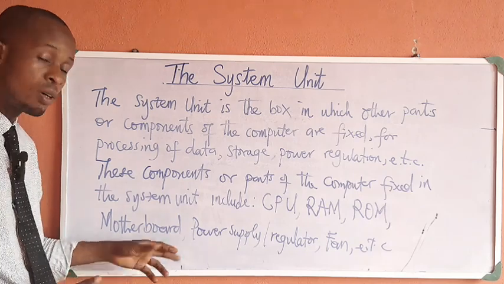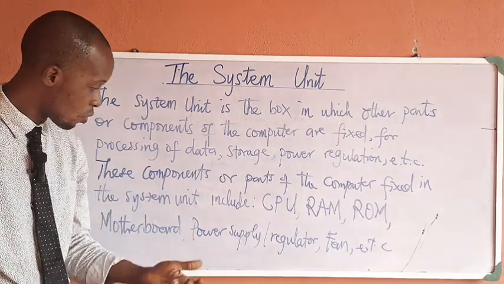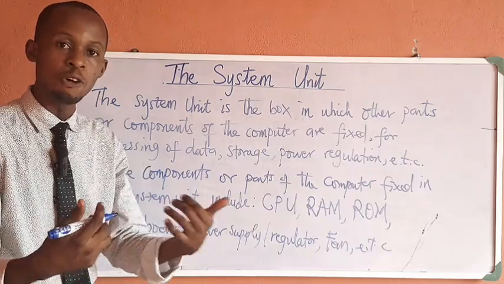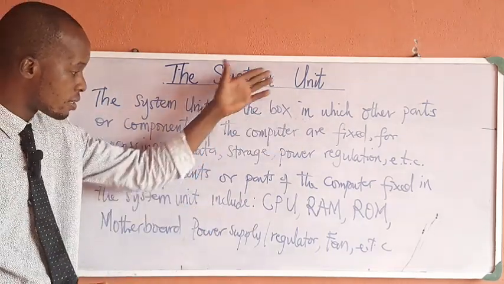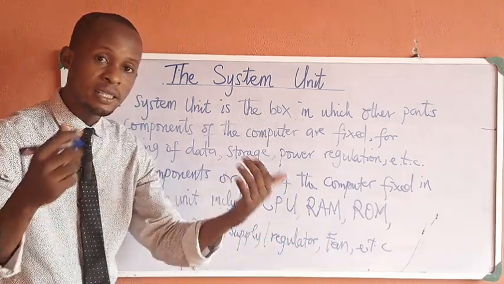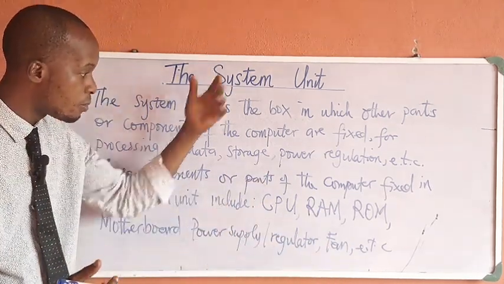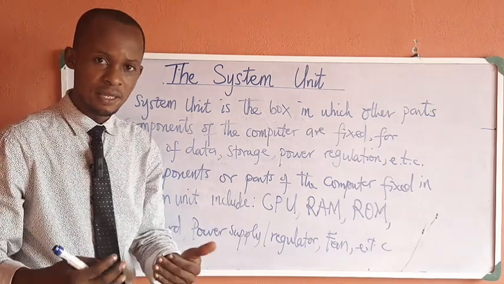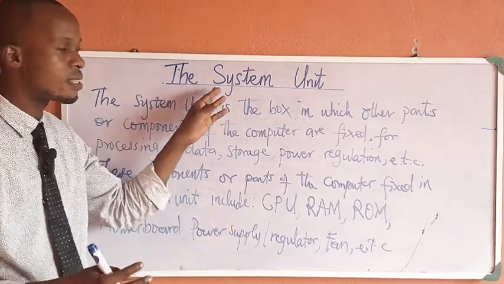We have the motherboard, which serves as a connecting board. We have the power supply that regulates the power input and output of the system unit. We have the fan to regulate the temperature of the system unit as a box, and several other devices working together inside the system unit.